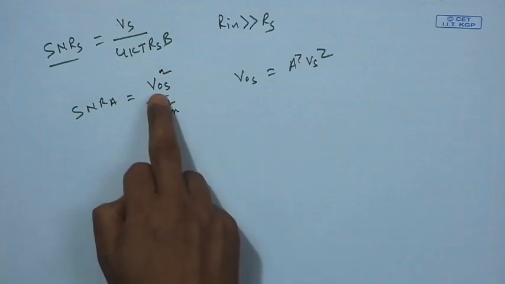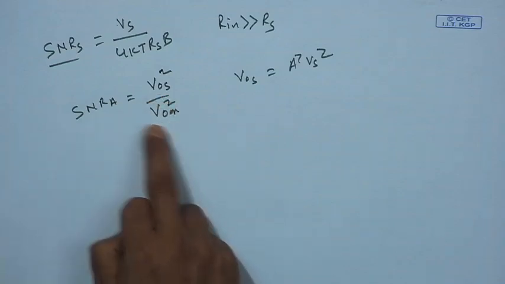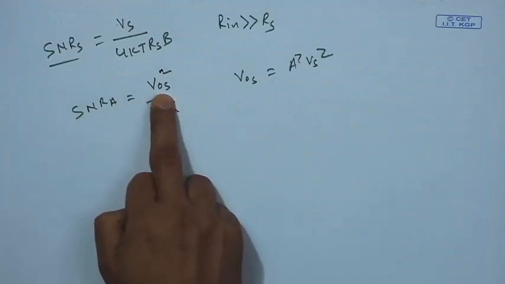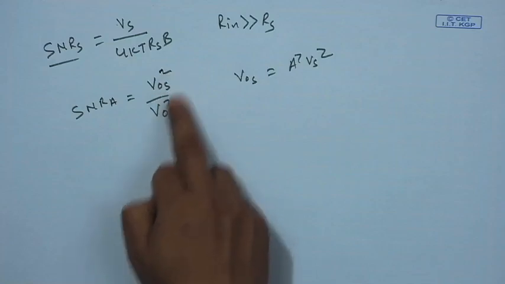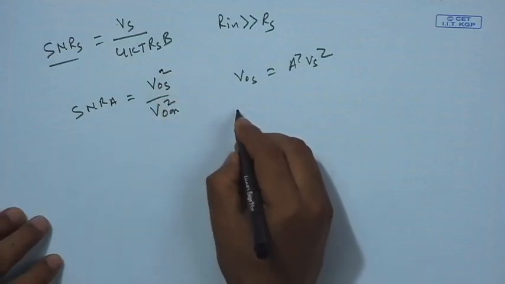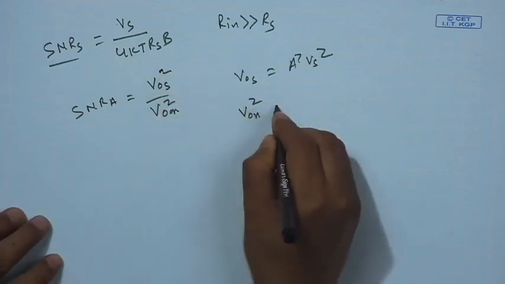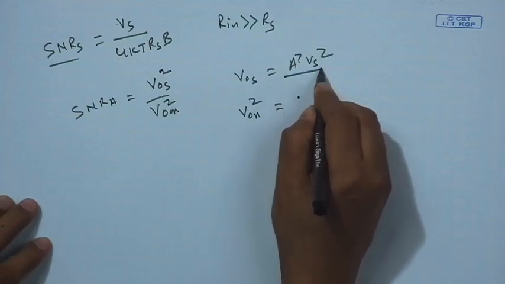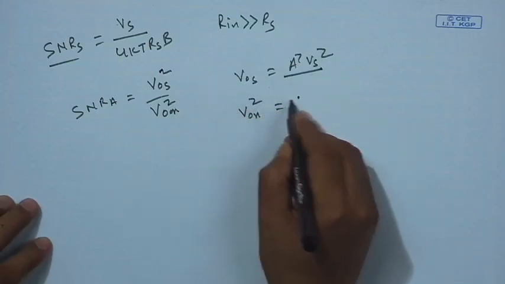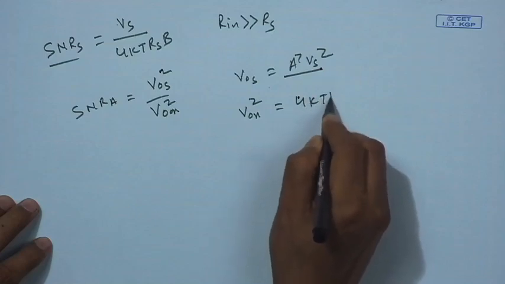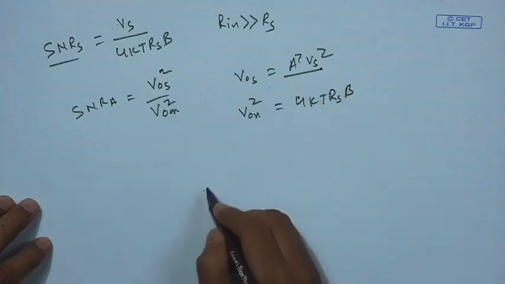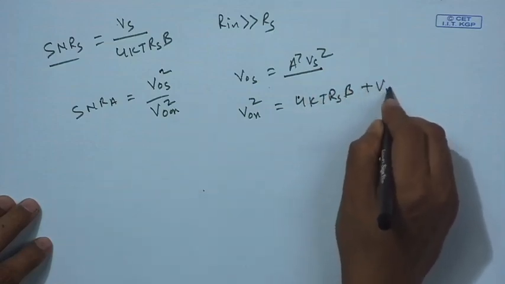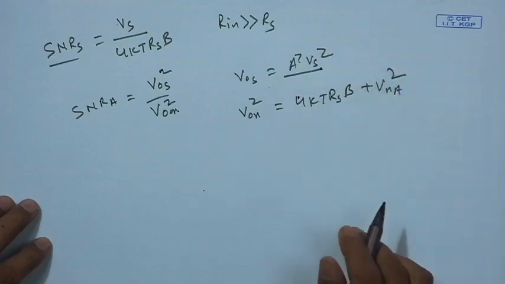SNR, if it is power, then it will be voltage square. So A square Vs square by VO1 square. What is VO1 square? The total output power: this is the output power for the signal, output power of the noise 4kT Rs B, which is the thermal noise power, plus VNA power, which is the noise produced by the amplifier.